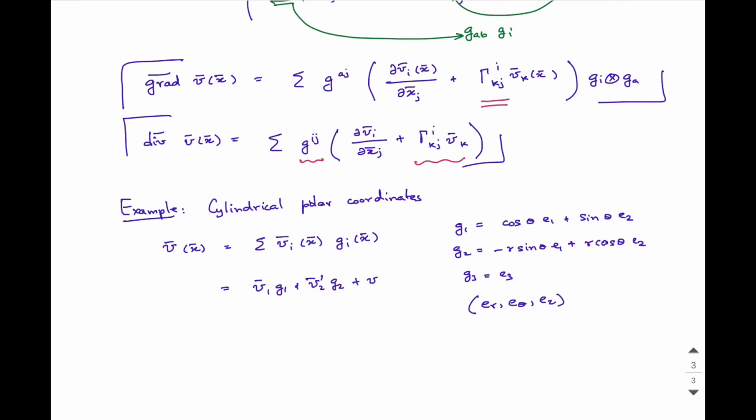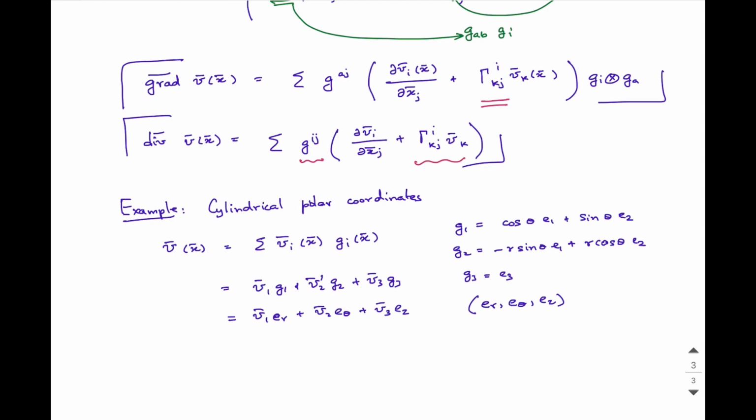Or I can write it as V bar 1 e r plus V bar 2 e theta plus V bar 3 e z.